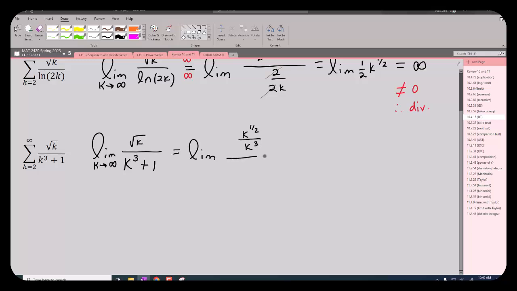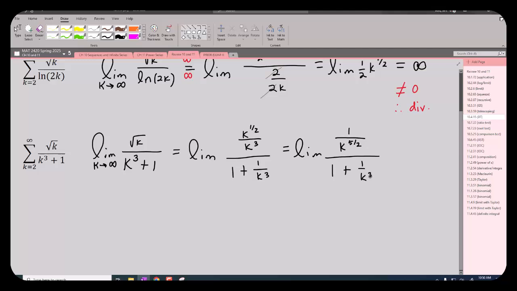So if we divide by k cubed across the board, we get this. So divide everything we see by k cubed. That's really multiplying by 1, which doesn't change the value, it just changes the look. And if we simplify that numerator, that's going to be 1 over k to the 5 halves, all divided by this.